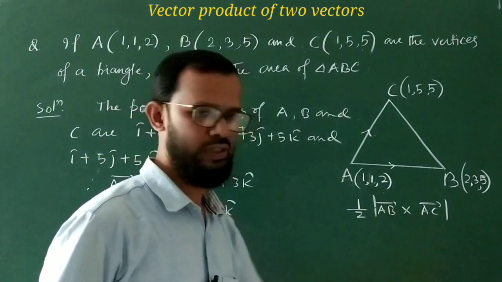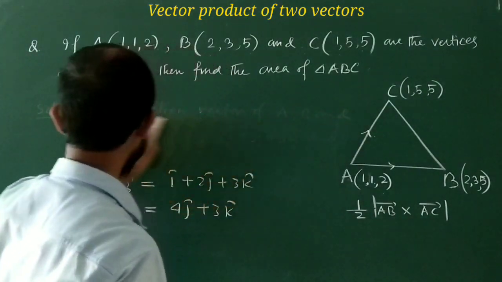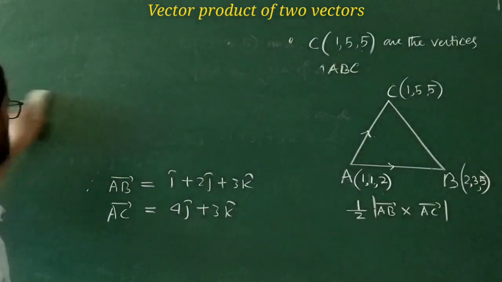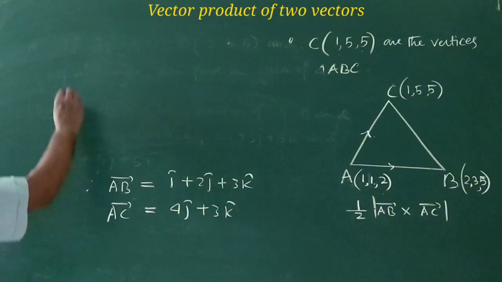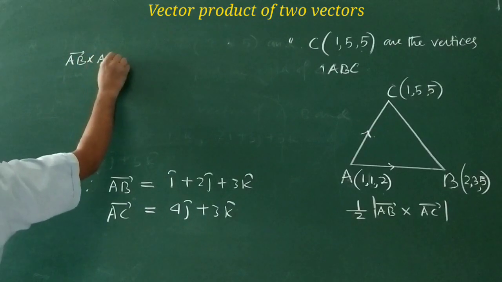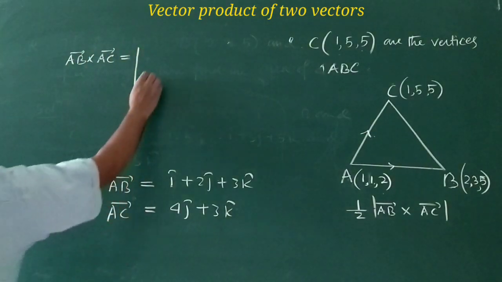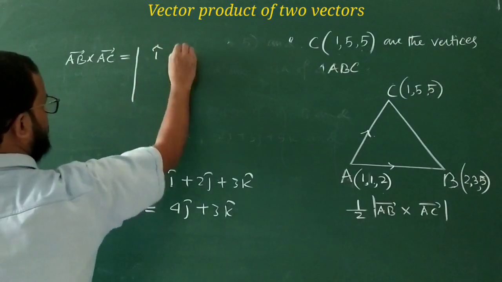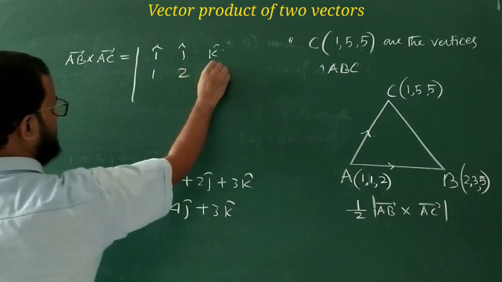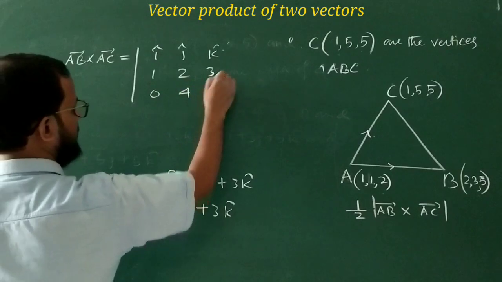Now to find AB cross AC, that means the cross product, take the cross product of both. Therefore AB cross AC vector is equal to, by using the determinant, i cap, j cap and k cap. The components of the first vector are 1, 2, 3, and the second one is 0, 3, 3.